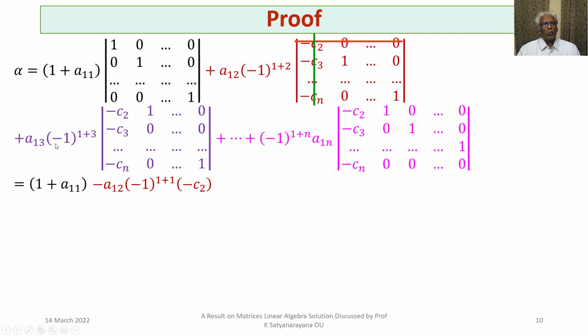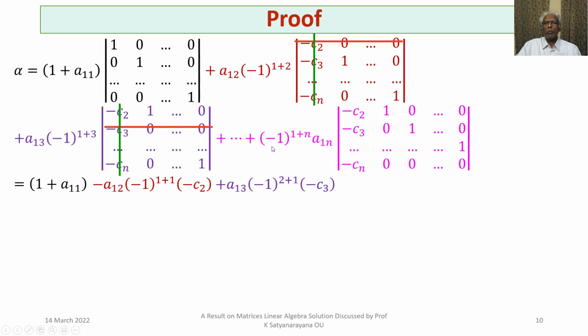And (minus 1) to the power of 1 plus 3 is plus only, a13 into: delete the second row and first column, which means (minus 1) to the power of 2 plus 1 into minus C3. The remaining is the n minus 2 by n minus 2 identity matrix, and the value is 1.